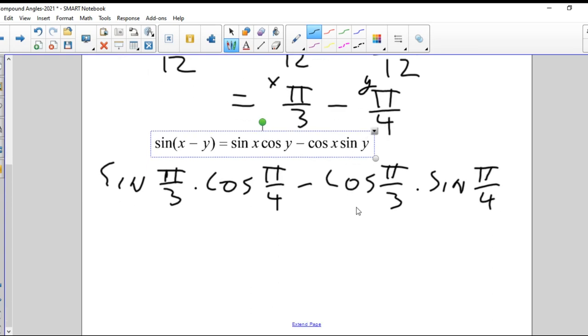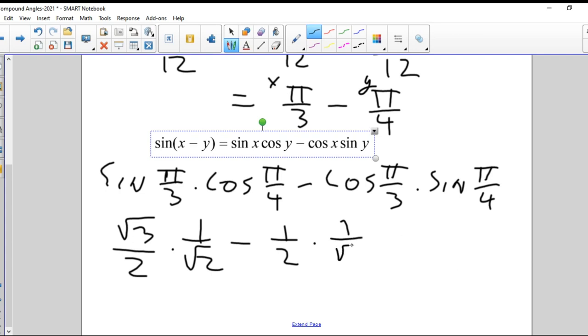The sine of pi over 3, well, I believe, and you can double check me on this one, since in the first quadrant everything is going to be positive here, I believe it's root 3 over 2. The cosine of pi over 4, I'm pretty sure is 1 over root 2, minus cosine of pi over 3, if I got this right, then this second one is going to be 1 over 2 times 1 over root 2.